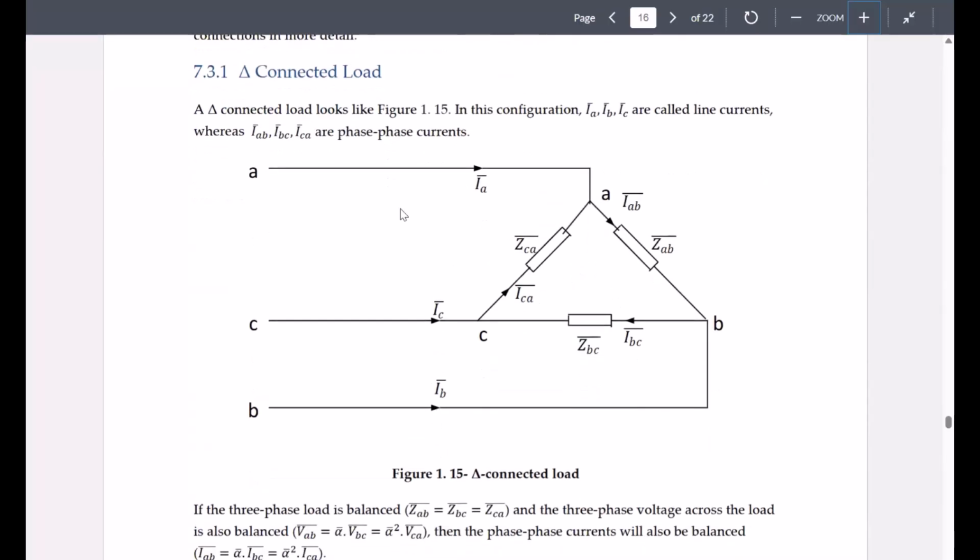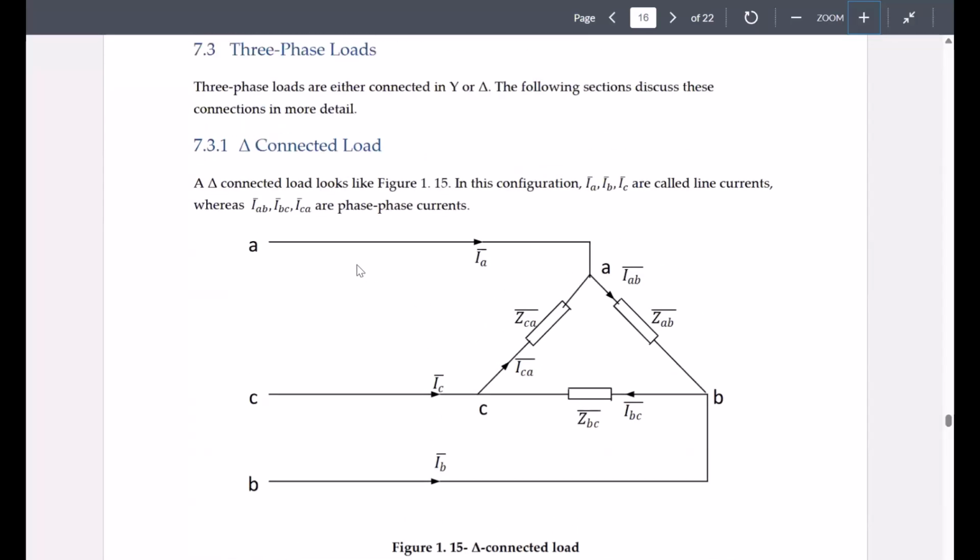There would be an equivalent impedance between A and B, B and C, and C and A, which we call ZAB, ZBC, and ZCA. In general, ZAB, ZBC, and ZCA could be different from one another. In that case, your load is unbalanced. But if your load is balanced, all of these 3 legs must be equal. So ZAB must be equal to ZBC, and that must be equal to ZCA.